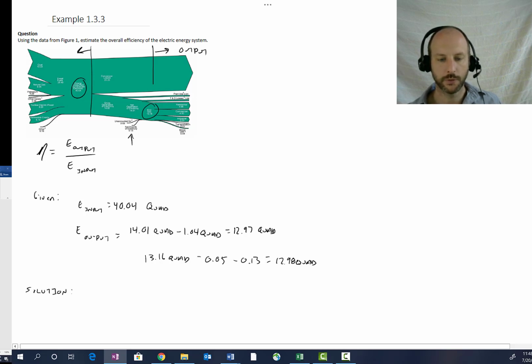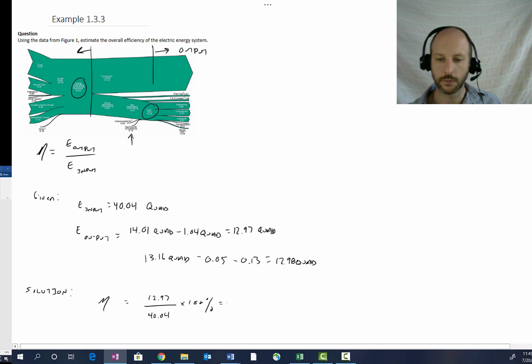So now we've extracted our givens. That's pretty much the hardest part of this problem. Solving the energy efficiency formula is pretty easy. Eta is just going to be that 12.97 quad divided by 40.04 quad. Usually what we do is we represent efficiencies not as decimals. We represent them as percentages.